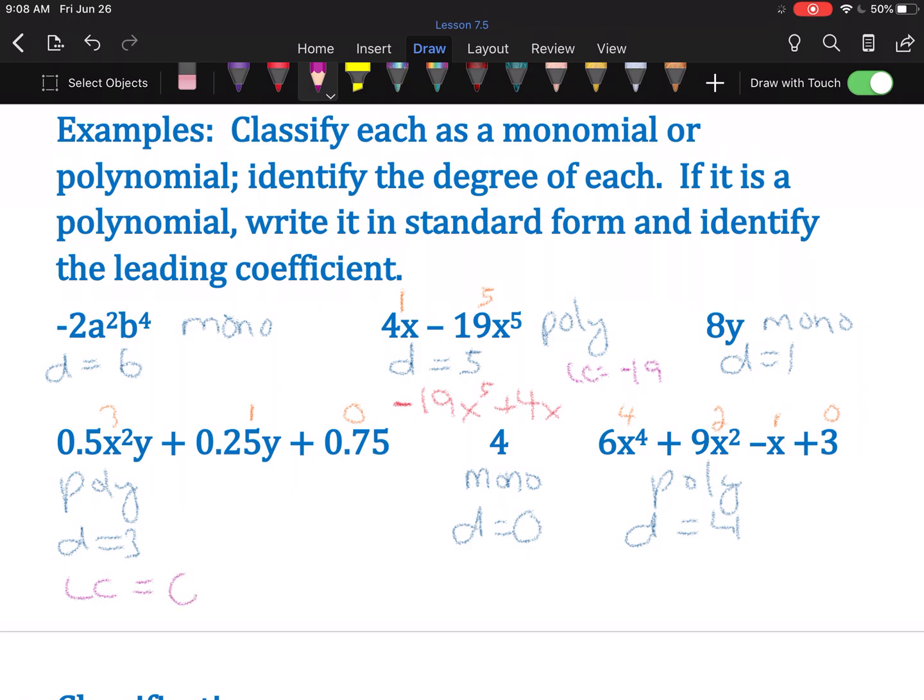Bottom left, his multiplier is 0.5. And bottom right, his leading multiplier is 6. So there are some examples of a little bit of everything: monomials, polynomials, doing degrees, looking at standard form, and identifying the leading coefficient, which in standard form is literally just the first thing.